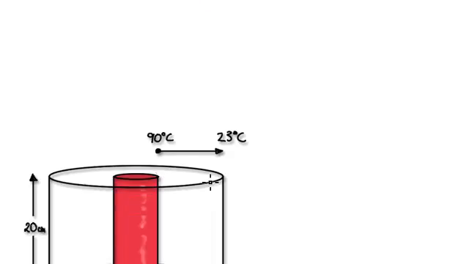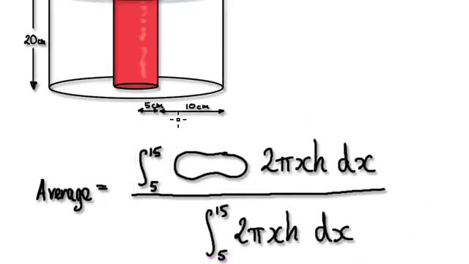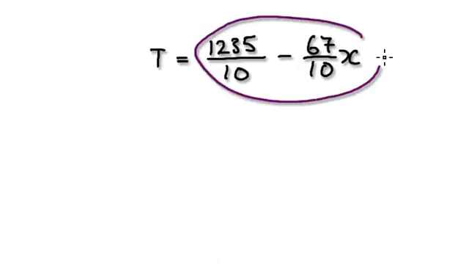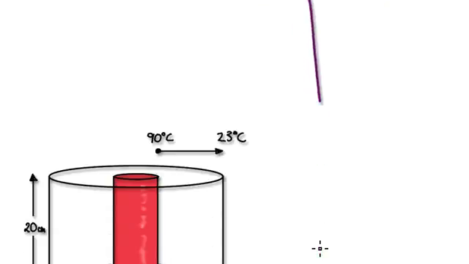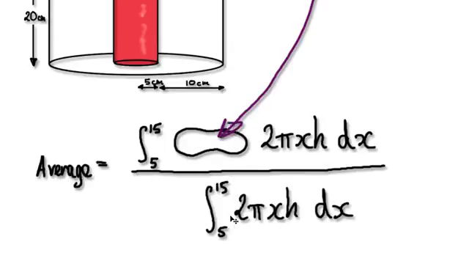Going back to the original equation, now that we've got the temperature, we can evaluate the whole thing. We can put this temperature into here. Let's just factor out the constants.